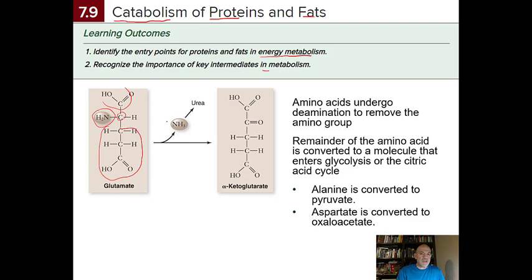When we do that, the amino group becomes ammonia, and then it may be converted to urea, like in our system. Urea ends up in our urine, is filtered from our blood, and then we eliminate it with the urine. But the deamination of glutamate produces alpha-ketoglutarate. Remember that compound from an earlier section, as part of the Krebs cycle.